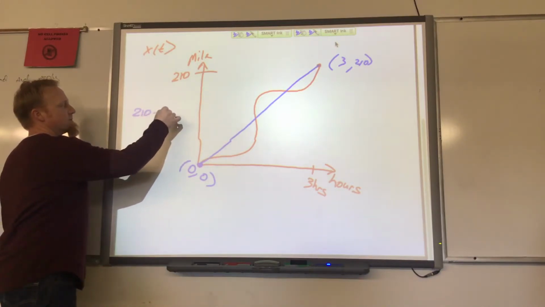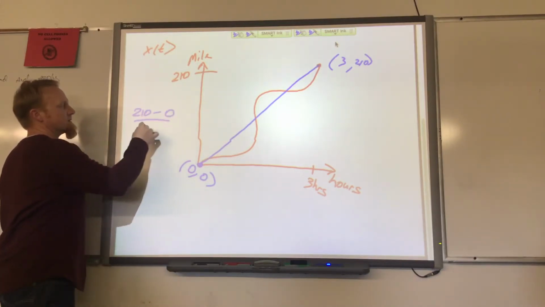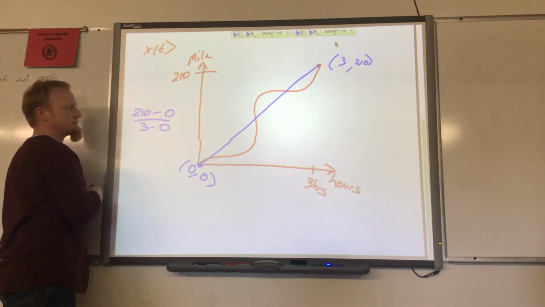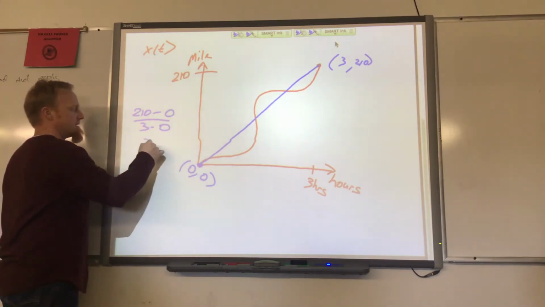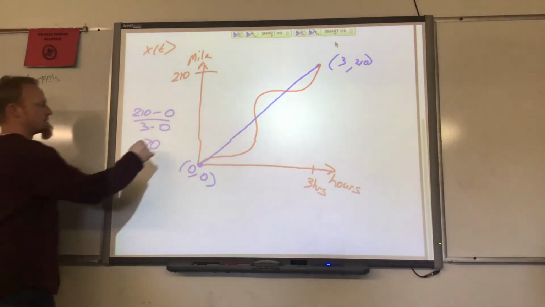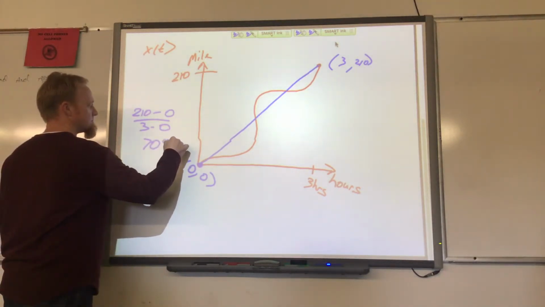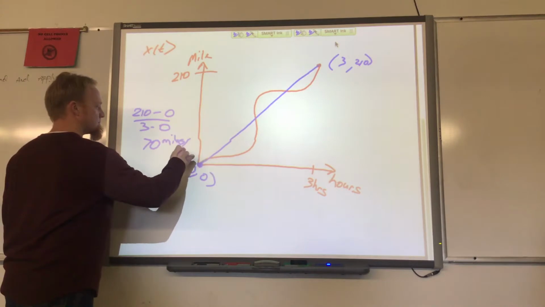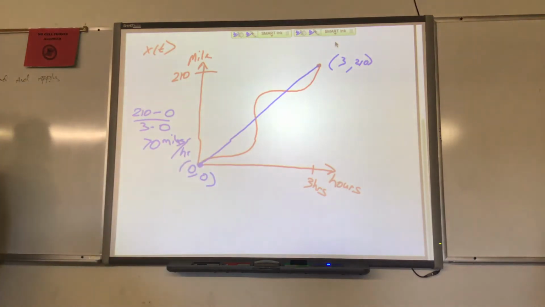Let's do 210 minus 0 over 3 minus 0. This ends up giving me 70. What are the units for that? Miles per hour. It's a slope, but it is also AROC.